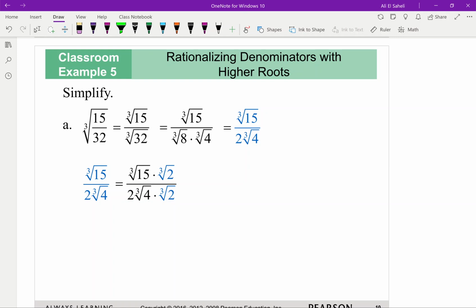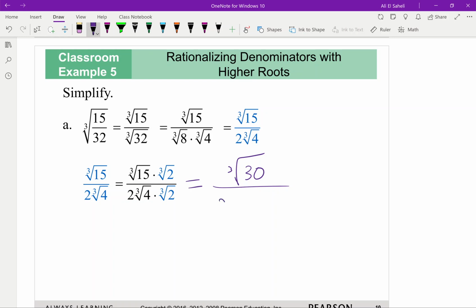Actually, no, it's the cubic root of 2, because we want under the cubic root to have 8, so that you have a cubic root of 8 equals 2. So we need one more 2. So this is the reason we multiply by the cubic root of 2. So this is equal cubic root of 15 times the cubic root of 2. This is the cubic root of 15 times 2.